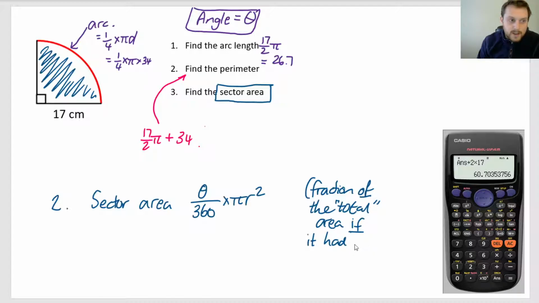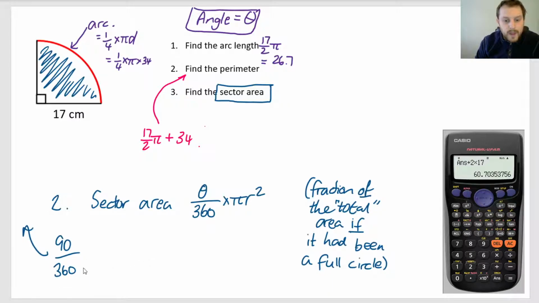This works exactly the same way as the arc length. It's the same idea. So for us, this is going to be 90 out of 360, for this question up there, multiplied by pi, multiplied by 17 squared. And so it's just whatever that is.